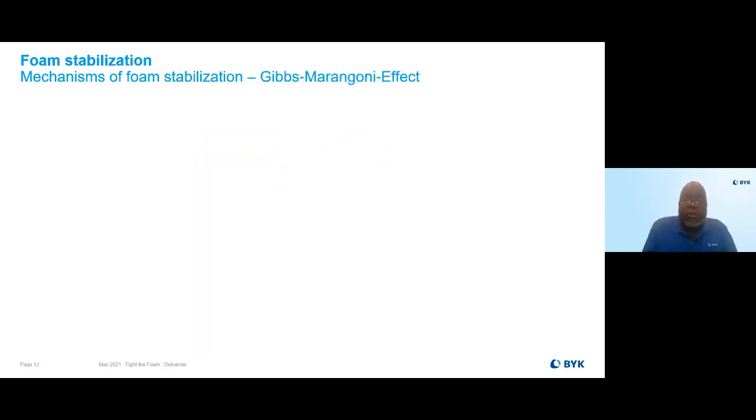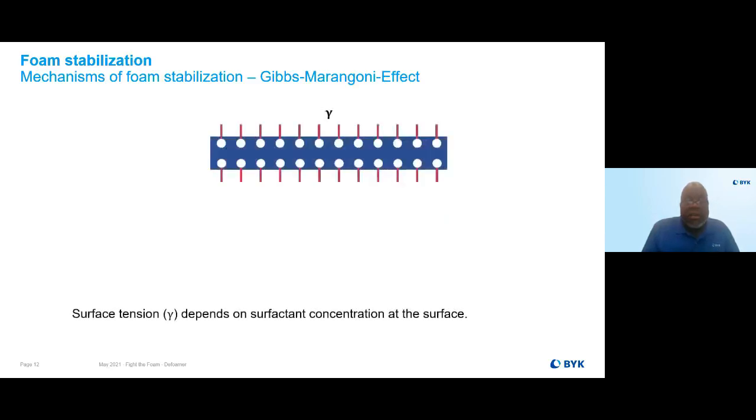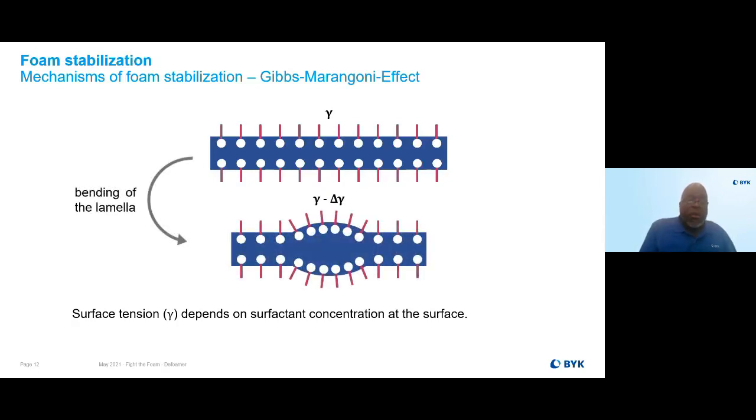And the Gibbs-Marangoni effect, again, is by surfactant molecules, but it is a result of a change in the surface tension. Adding surfactant to a solution, the surface tension is generally lowered. And basically, when you change the surface tension of a liquid, whether with anionic or non-ionic, what you're really doing is creating lubricity to it.